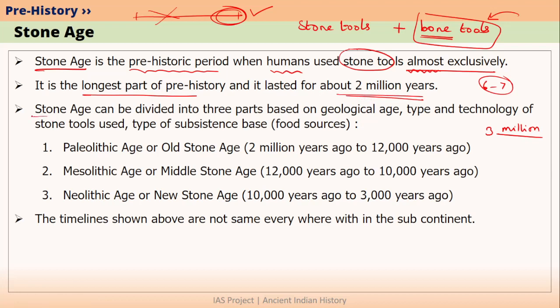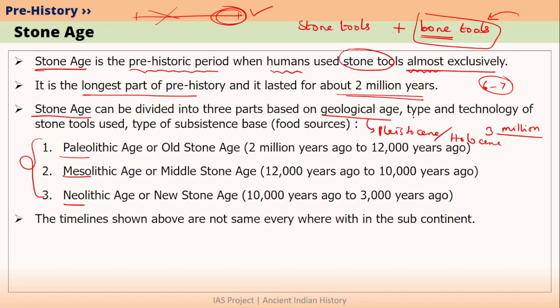Now, we have just talked about how Stone Age can be divided into three phases, that is Paleolithic, Mesolithic and Neolithic. Now, what is the basis behind such kind of division? It is very simple. Stone Age can be divided into these three phases based on, one, what is the geological age, that is, is it Pleistocene or Holocene?